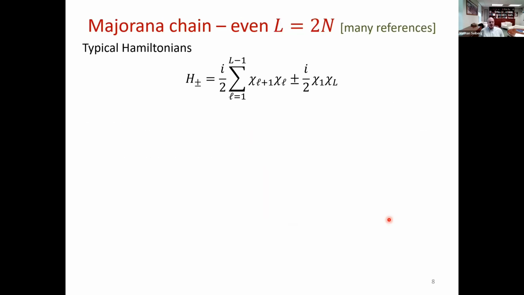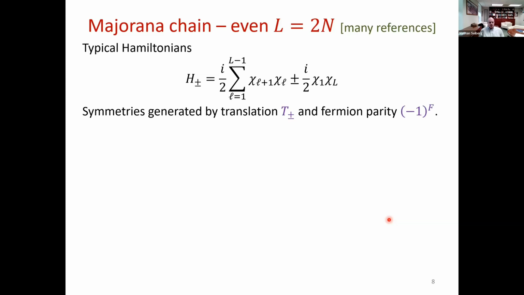Okay. So let's discuss the case of even L. We have symmetries generated by T and -1 to the F. I use a notation which might be confusing. I'm studying two systems simultaneously, H plus and H minus, and correspondingly they have translations T plus and T minus. These are not two different translations in the same system, but the translation operator in the two different systems.